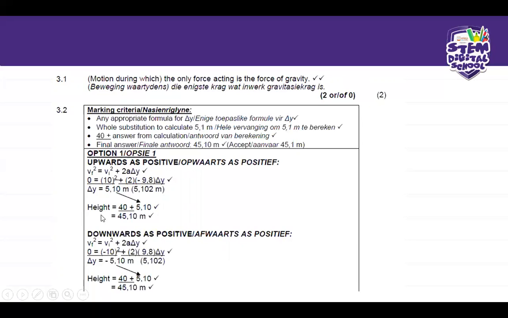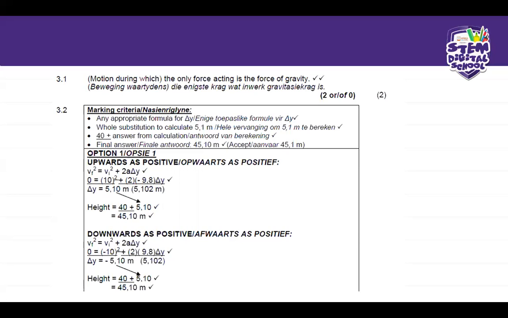Our change in y is going to be 5.1 meters. So now we're going to say the height is equal to the 40 that we already have plus 5.1, and that is going to give us 45.10.